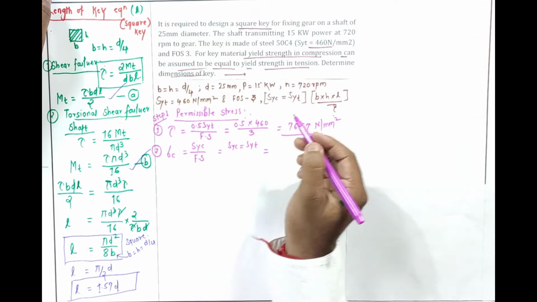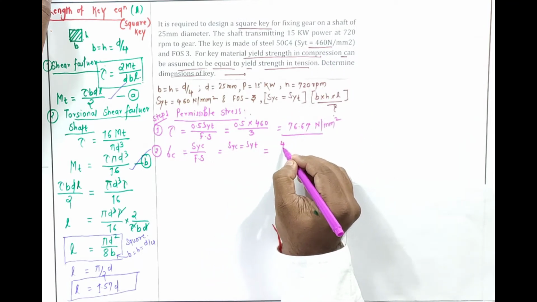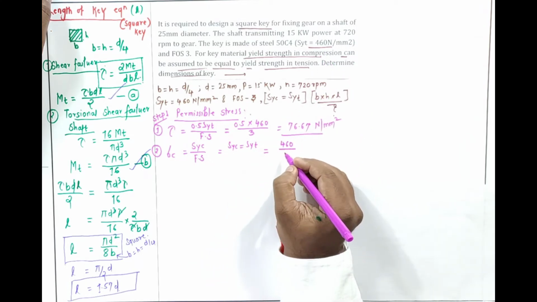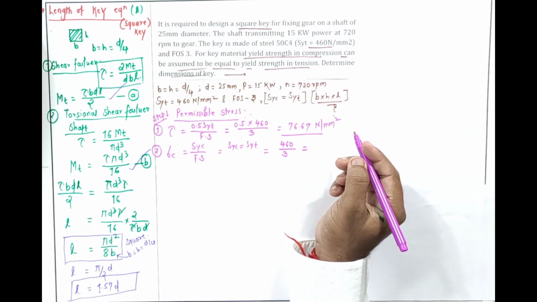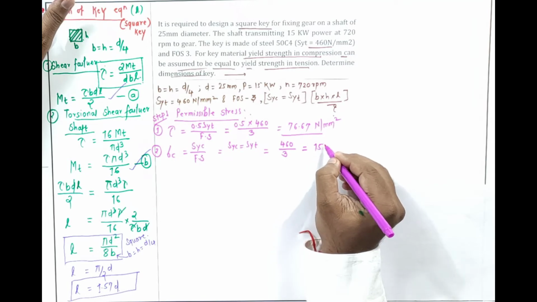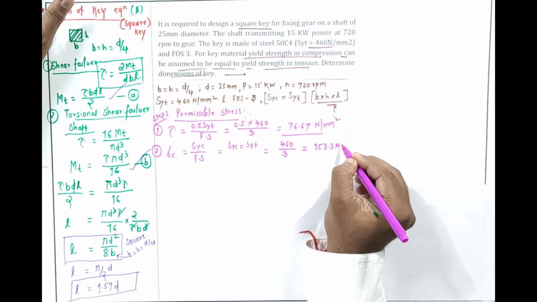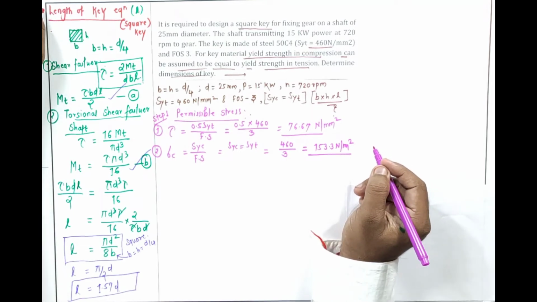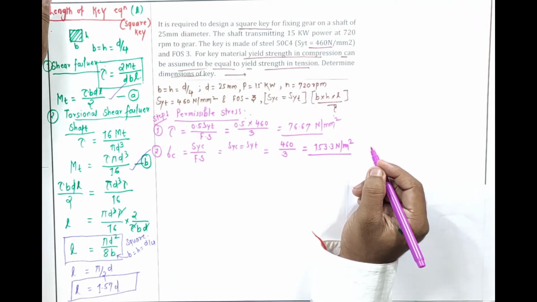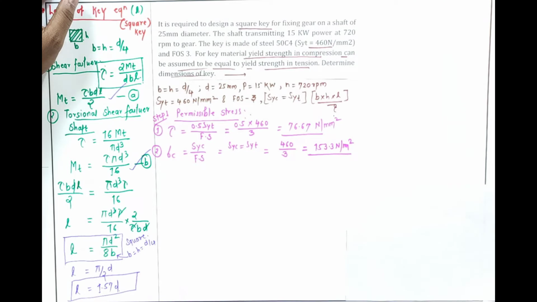Therefore, 460 divided by factor of safety 3. So I'll get the crushing stress as 153.3 Newton per mm square. This is the value for the crushing stress we have got. This is your step number 1.